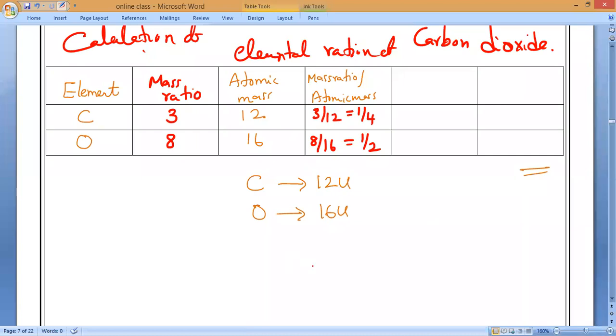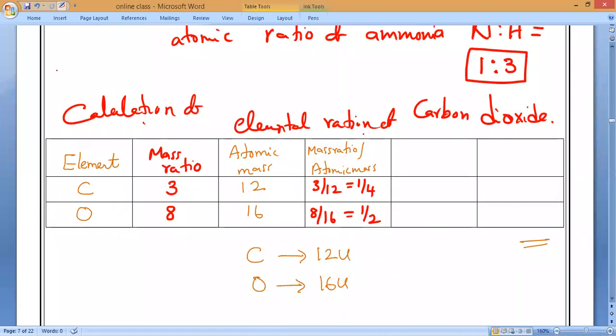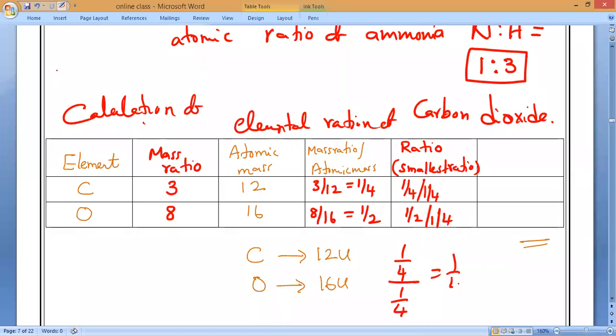Next, the ratio with the smallest one. Which is the smallest, 1/4 or 1/2? 1/4 is the smallest ratio. So 1/4 divided by 1/4, and 1/2 divided by 1/4. 1/4 divided by 1/4 is 1/4 into 4/1, which is equal to 1.